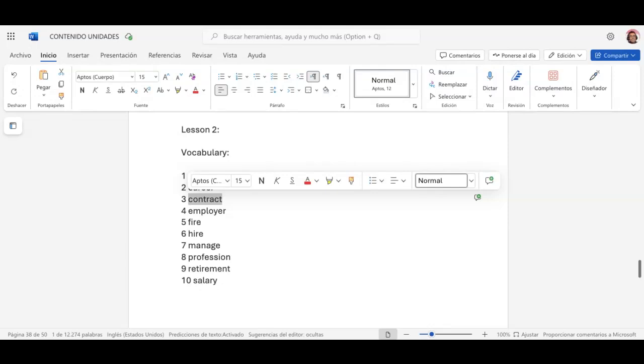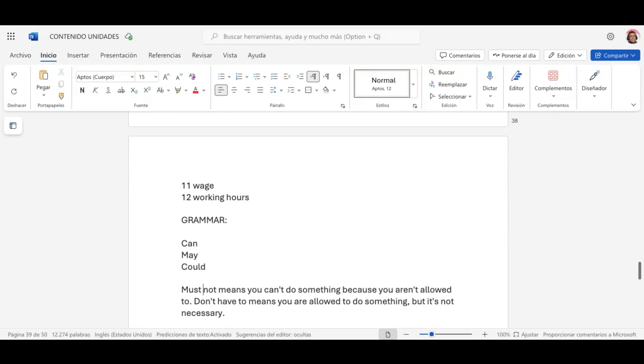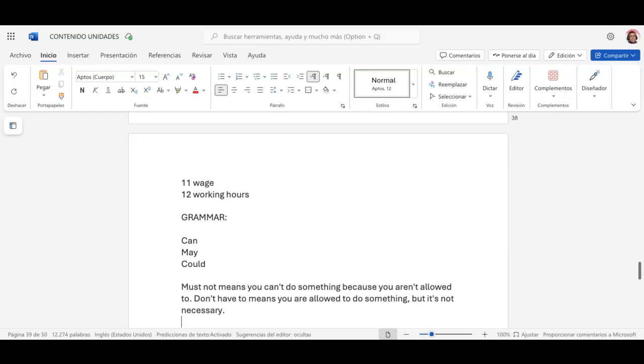So you have to be careful with that because we have a difference between a contract and to contract. In this case, because we are talking about employment vocabulary, the pronunciation of this word is contract, contrato. And we have here other two words. Could you please help me with those words? Wage, working hours. Thank you, exactly. Wage and working hours.